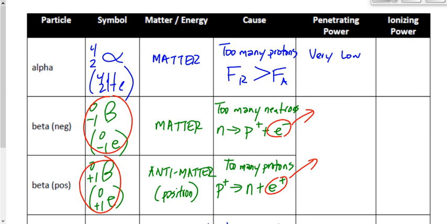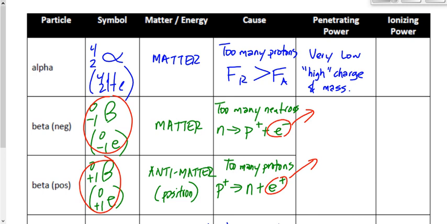Now, why do alpha particles have such a low ability to penetrate matter? Well, it's because they have such a high, in quotation marks, charge and mass. Why do I put high in quotation marks? Yeah. Good. Perfect. It's not really that high, right?